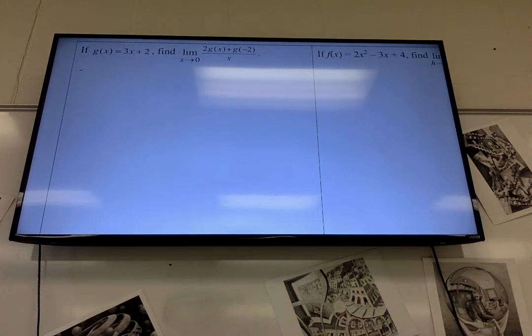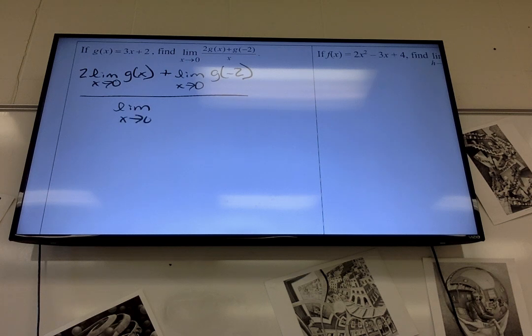So it's going to be 2 times the limit as x approaches 0 of g of x, plus the limit as x approaches 0 of g of negative 2, over the limit as x approaches 0 of x.